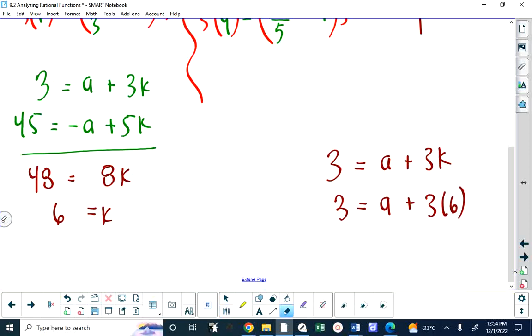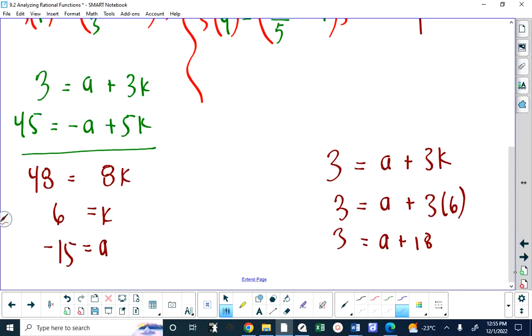That's an a, not a 9. And then solve for a, which will be 3 minus 18. So apparently a is going to be equal to negative 15. Is that right? Yeah.